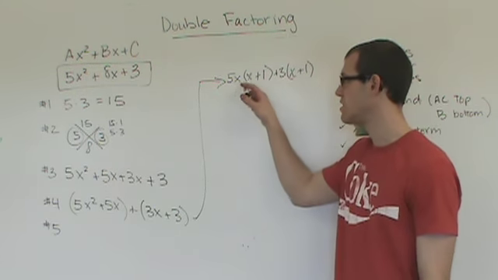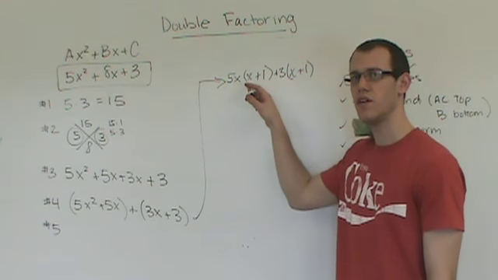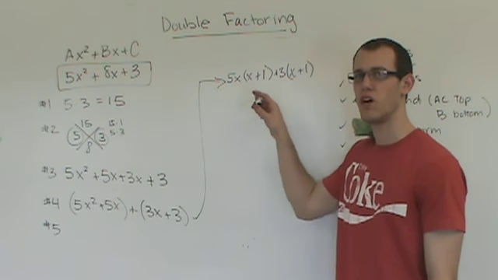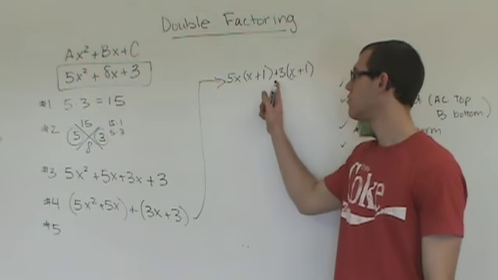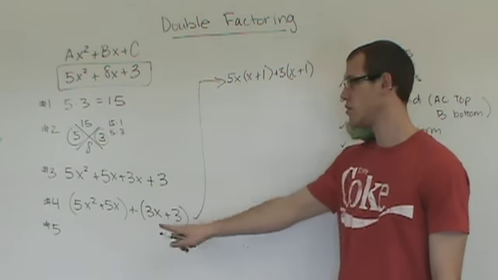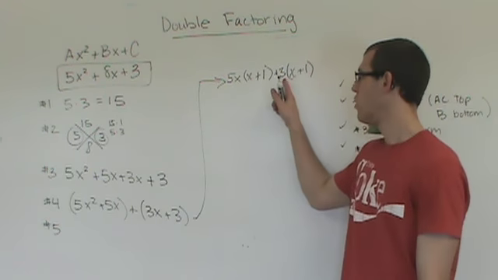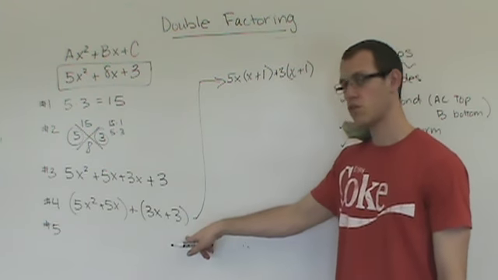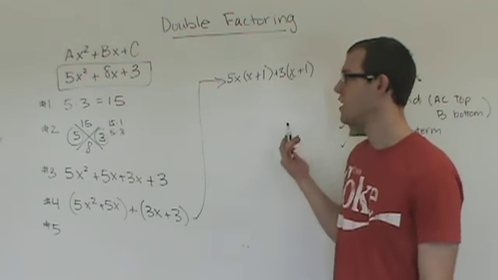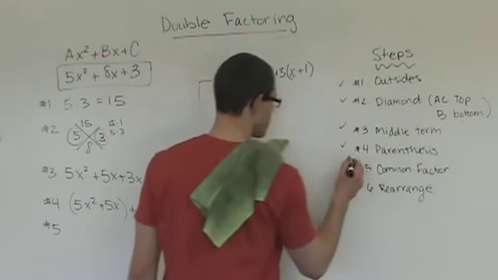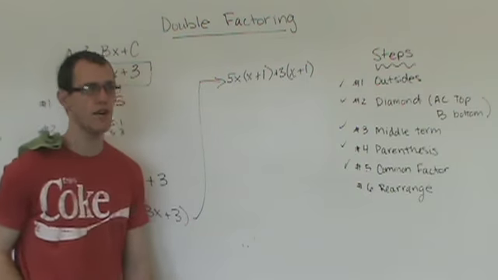Notice, if I take 5x times x, I'm going to get 5x squared. 5x times 1, I'm going to get 5x. That's what I wanted. And if I take 3 times x, I get 3x, which I wanted. And 3 times 1, I'd get 3, which is what I wanted. So they're the same thing, we're just rearranging them. Okay? So our last step is to rearrange it, so then we have our answer.